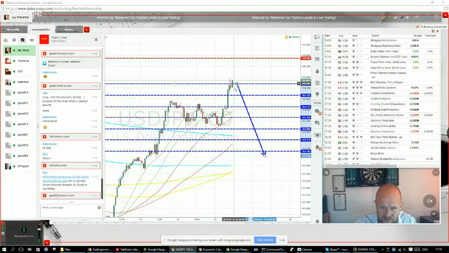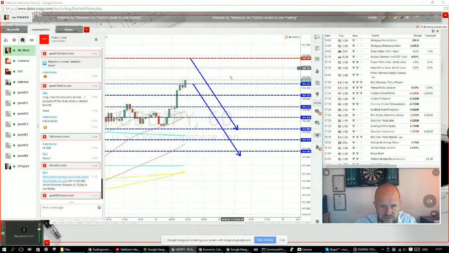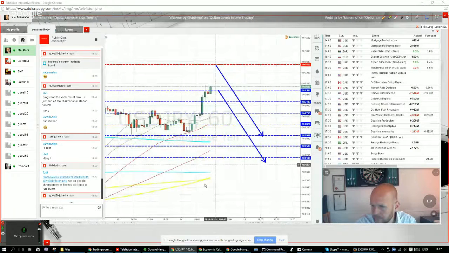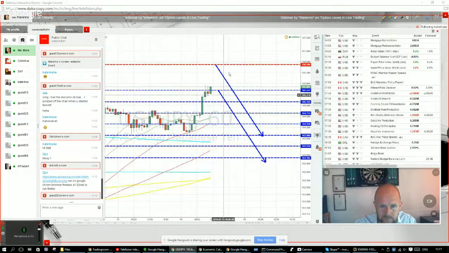In case the price continues its up movement, I'm going to stay away from it for a while, but I will try to sell it at around this area here. So that's basically my idea for the next few hours. So yes, it's dollar yen.